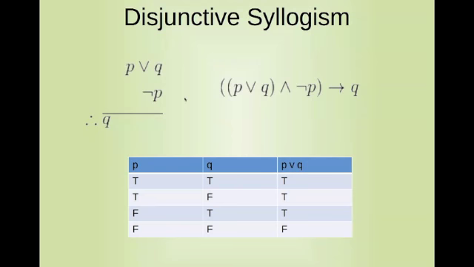Now here we have disjunctive syllogism. This one's pretty simple. We all know the truth table for an OR statement. It says that if P or Q or both are true, the OR statement evaluates to true. It only evaluates to false if both P and Q are false. So let's look at this. This is saying if we know that P or Q is true and not P is true, in other words P is false, we know that Q is true.